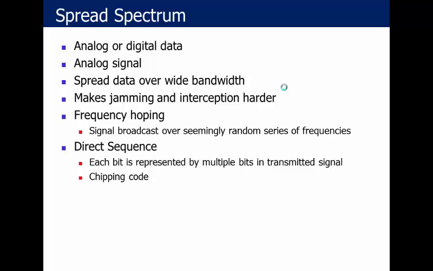Then the receiver side antenna receives it and does everything in reverse, so that finally you receive the data in the same form as it was originally sent out.